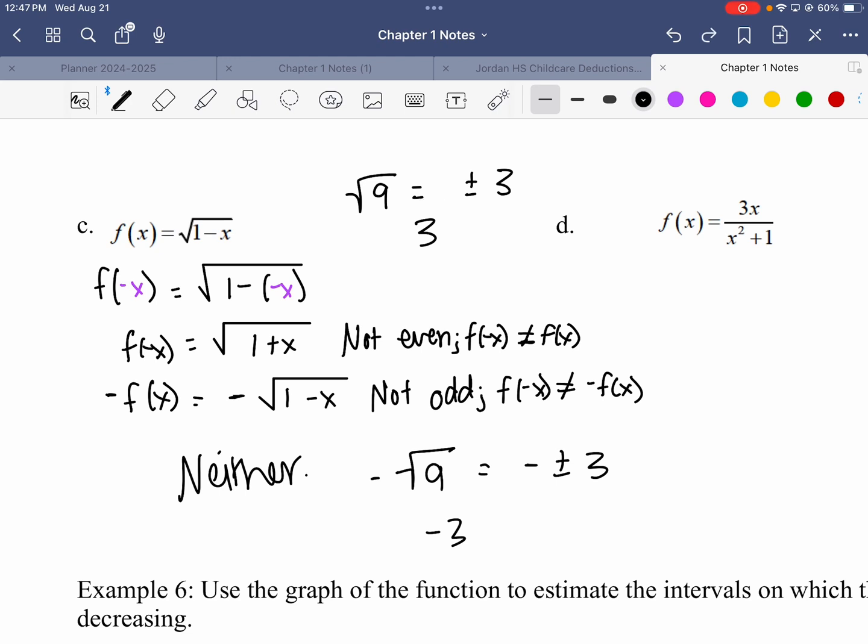Yeah. So I want you to think through this. This could be plus or minus 3. That's true. But that means this one is then the negative plus or minus 3. So if it's negative plus 3, how do we simplify that? But if it's minus a negative 3, how do we simplify that? Aren't they the same thing? No.